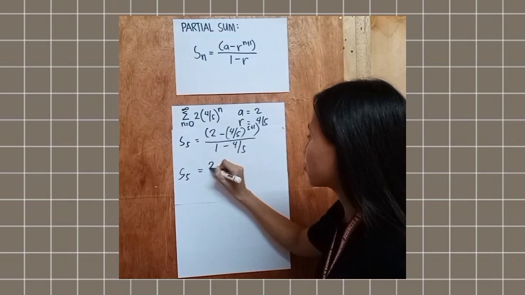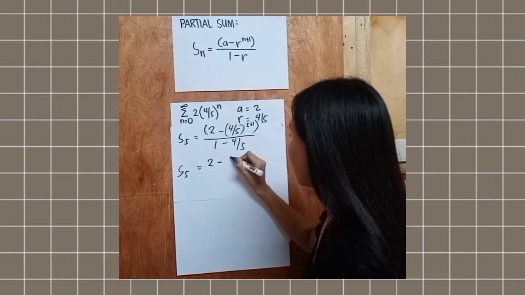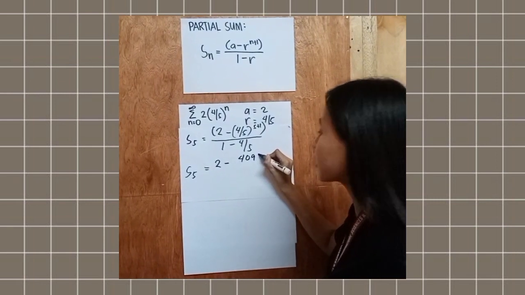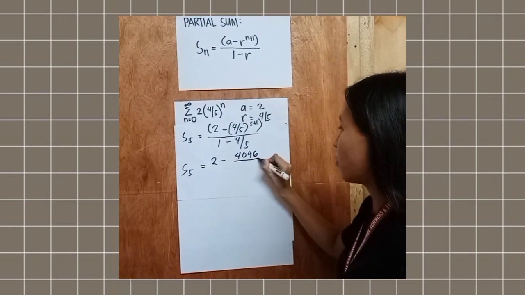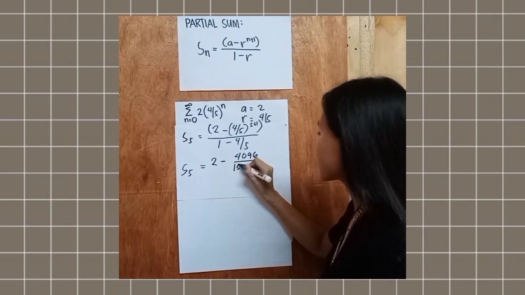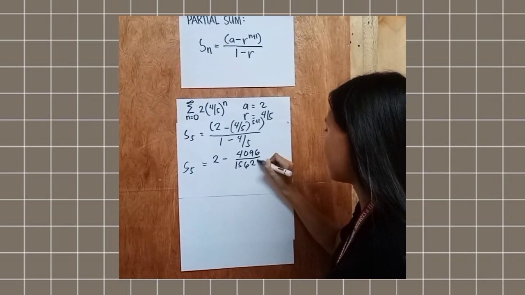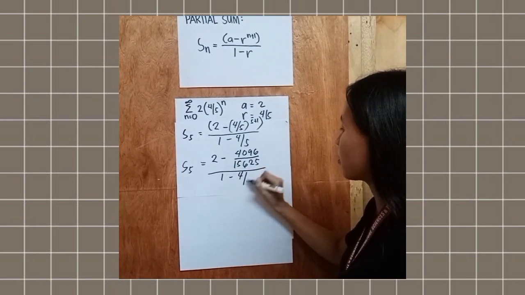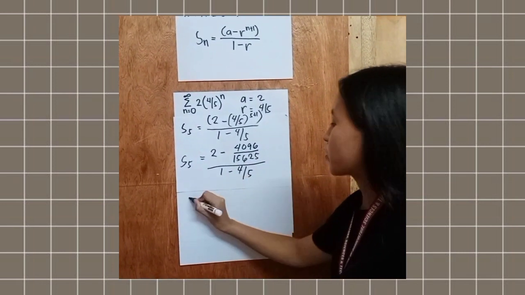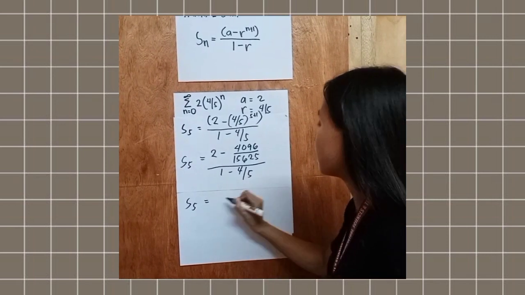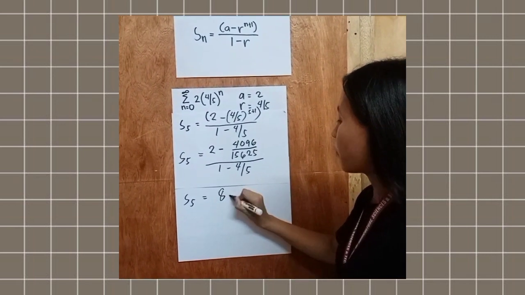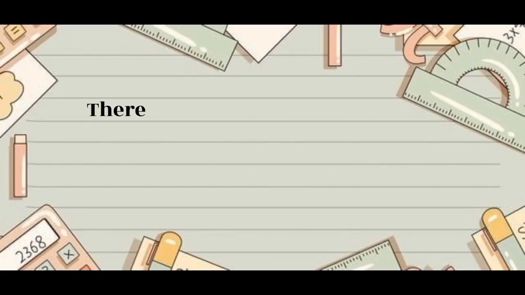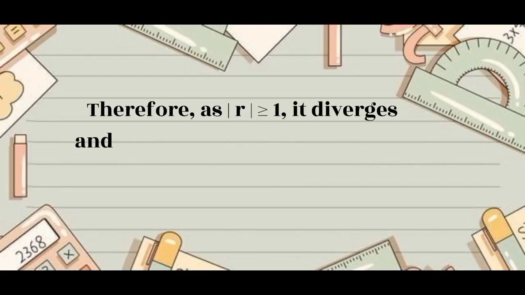So we have 2 times 1 minus 4,096 over 15,625, all over 1 minus 4 over 5. So our S sub 5 is equal to 8.69.